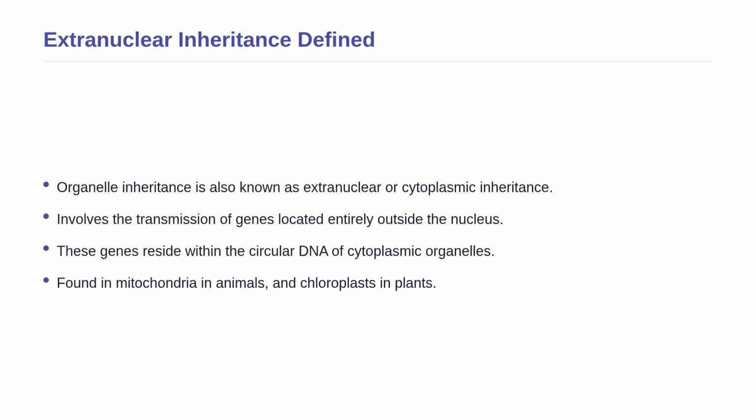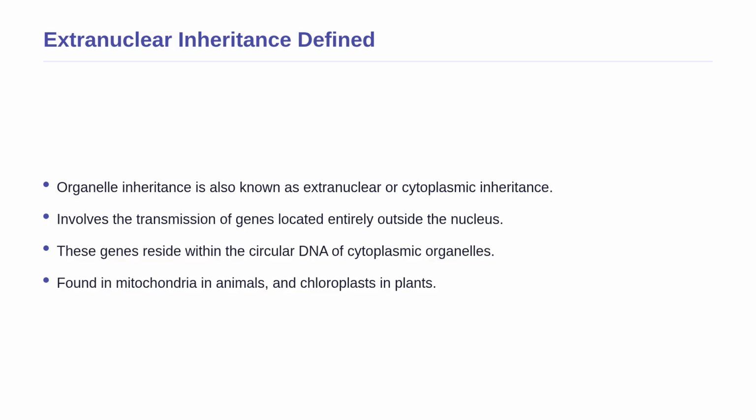Building on that house analogy, let us look at the biological terms for this process. Organelle inheritance is also known as extranuclear or cytoplasmic inheritance. This is because it involves the transmission of genes that are located entirely outside the nucleus of the cell.